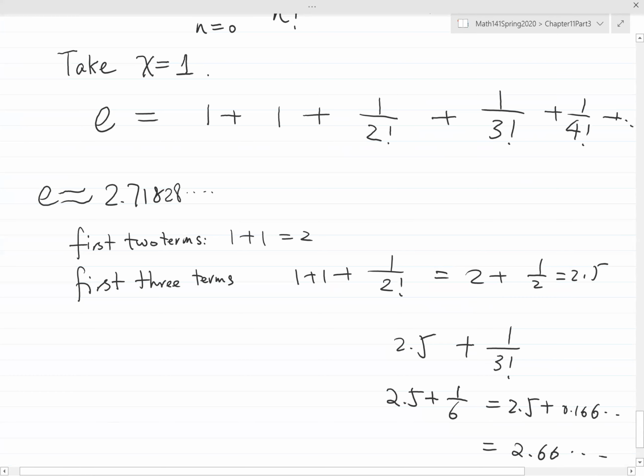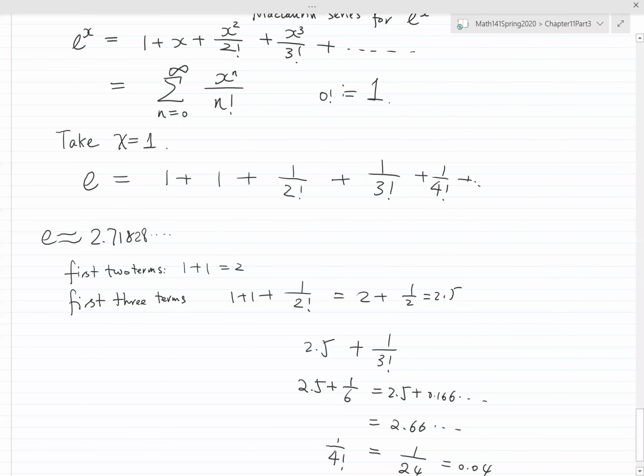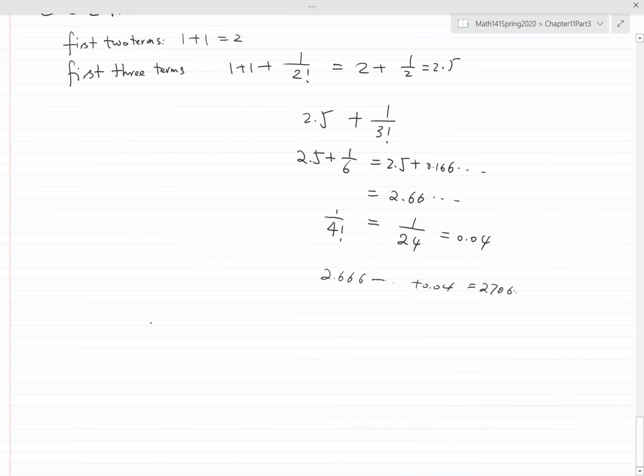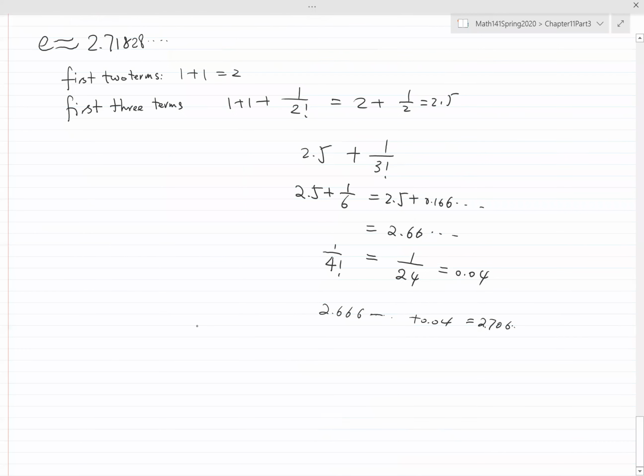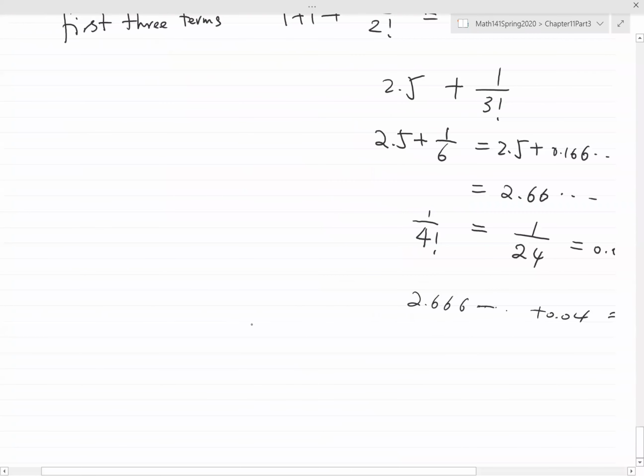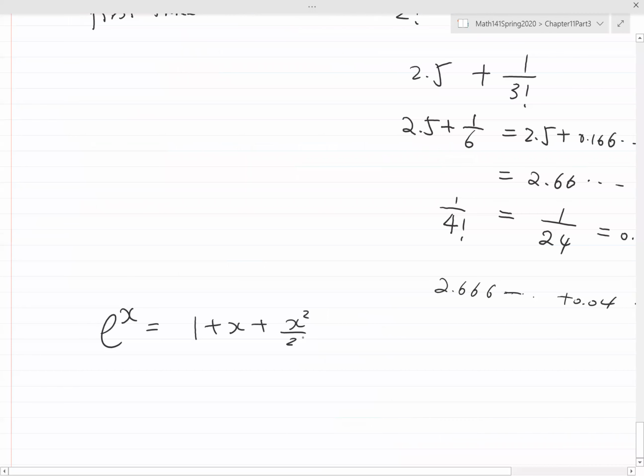So we have the Taylor-Maclaurin series for e, which is 1 plus x plus x squared over 2 factorial plus x cubed over 3 factorial, etc., the sum from n equals 0 to infinity of x to the n over n factorial.